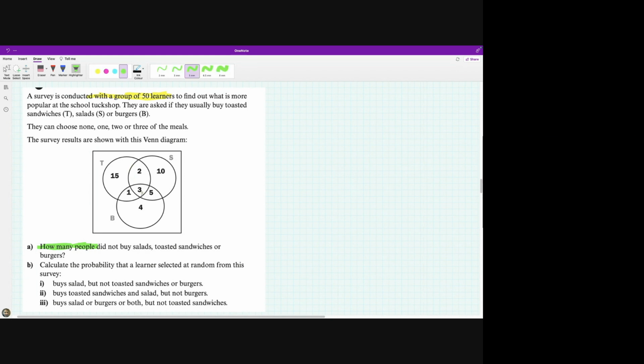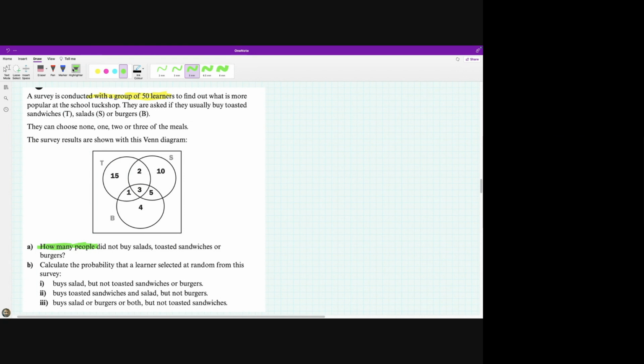That's why these are the 3 people who usually buy all 3 types of meals at the tuck shop. Well, there are 50 learners in total. So what I was thinking is count all the regions here: 15 plus 2 plus 10 plus 1 plus 3 plus 5 plus 4, and then subtract them from 50.